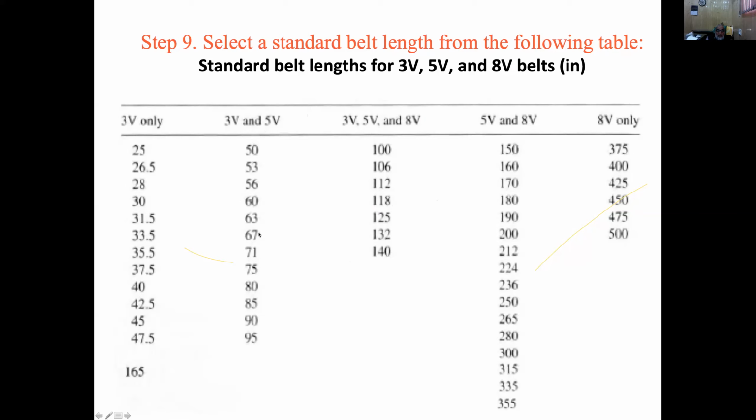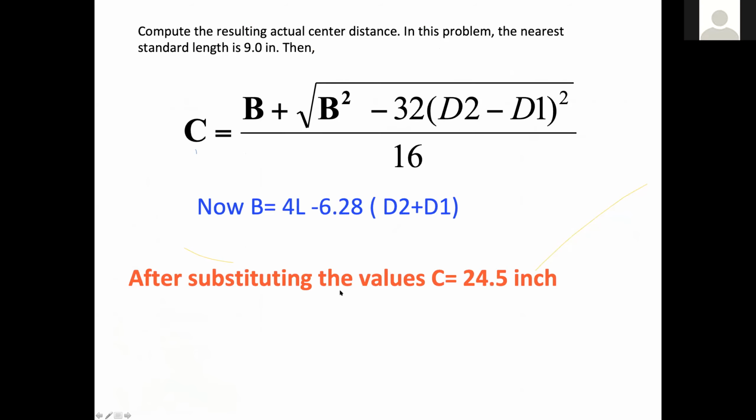So the length which you got is 91, isn't it? Yes, sir. But you have a 90 inch belt available. So you can select this 90 inches. Then after selecting this, you can calculate the actual central distance, because previously you calculated the central distance on that basis, from which you got the belt length. Now that has changed, so you can find the new central length.